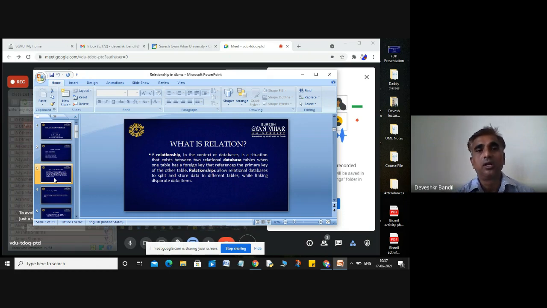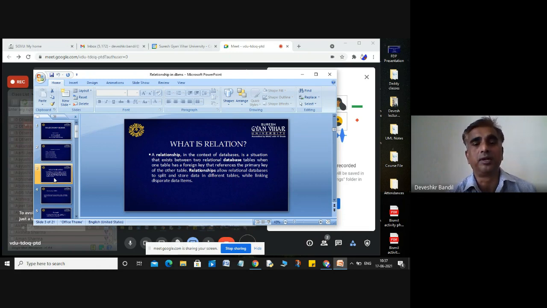Now, to link these two tables, we need to insert the primary key. Means when you want to relate both the tables, we need a primary key. Primary key is one of the keys, and through the primary key you can identify a particular tuple, a particular record.